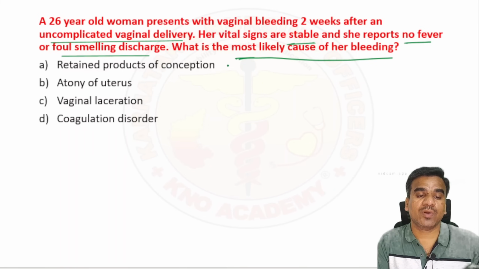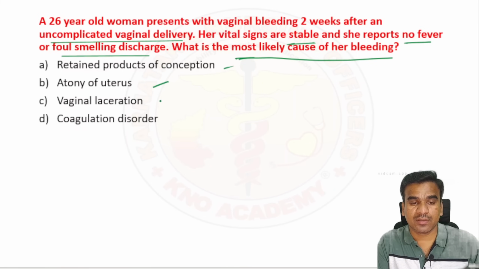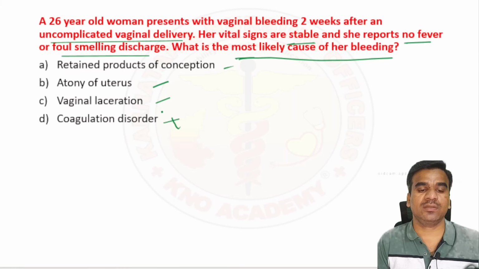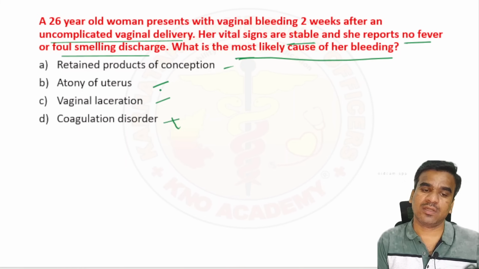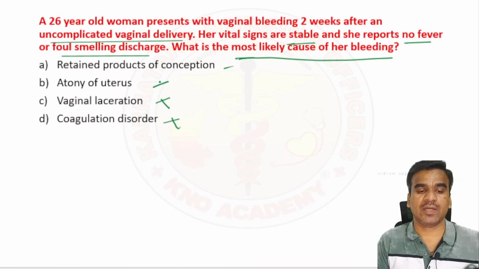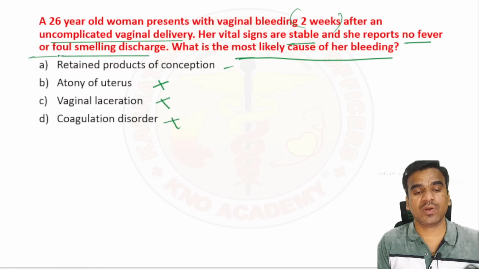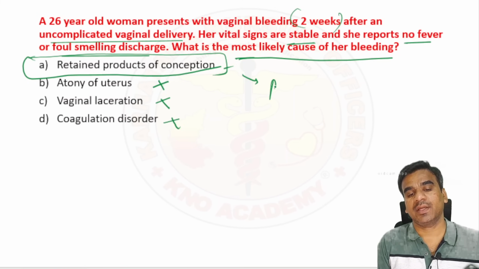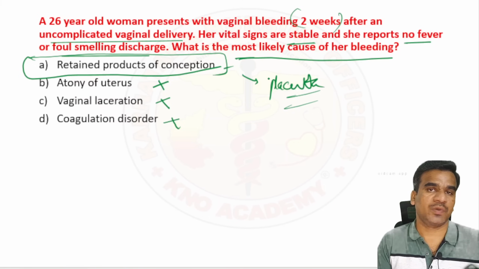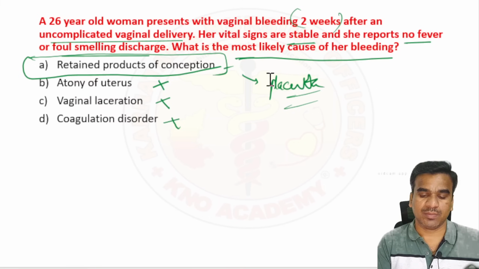Options: retained products of conception, atony of the uterus, vaginal laceration, or coagulation. Coagulation problems, or a vaginal laceration, would show bleeding immediately. Atony of the uterus won't happen after 2 weeks. So retained products of conception, it may be retained placenta. Placental bits will be missed in the uterus, so it may cause the bleeding.